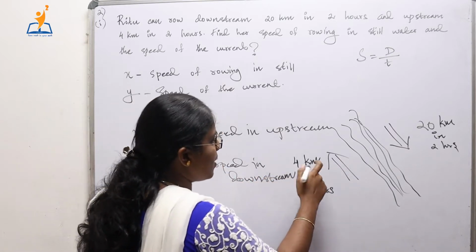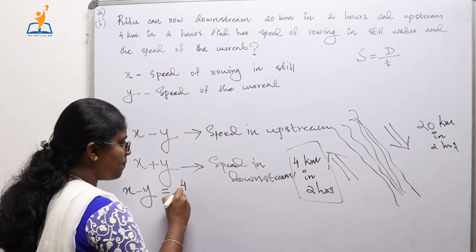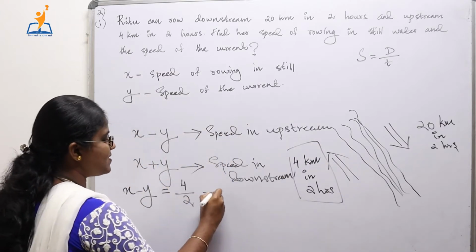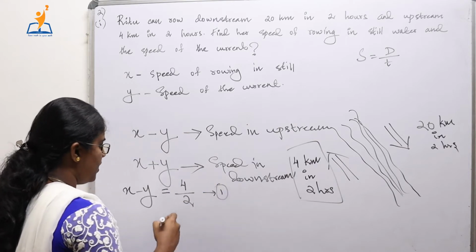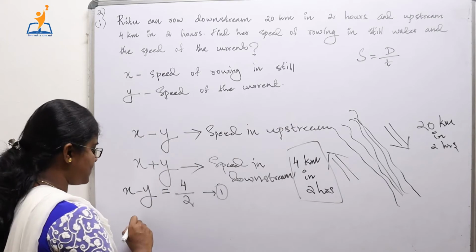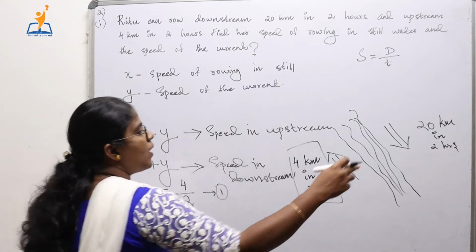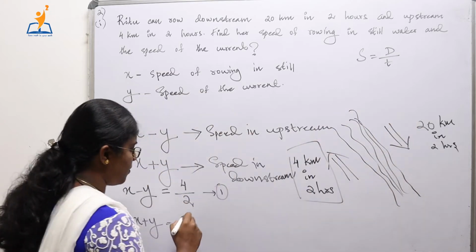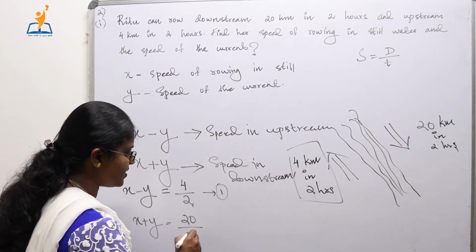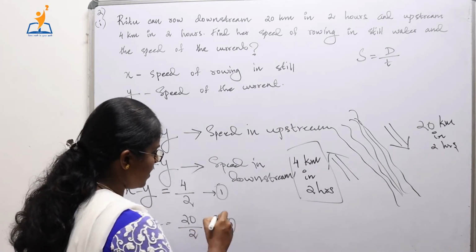In upstream she covered 4 km in 2 hours, so 4 by 2. This is our equation number 1. Now in downstream she has a speed of x plus y kilometers per hour, and she covered 20 kilometers in 2 hours. So this is our equation number 2.